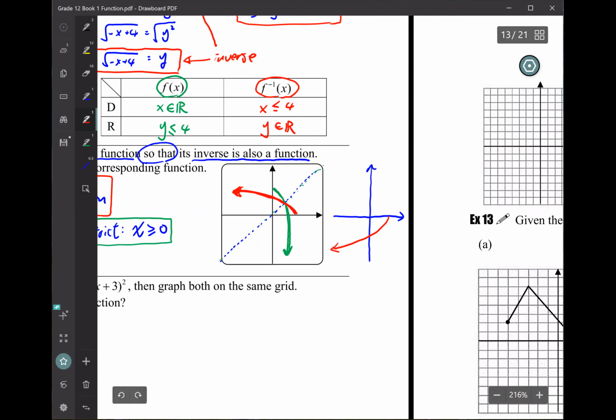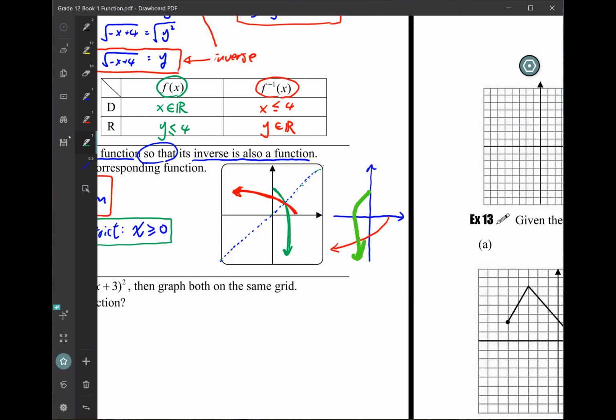Okay, Donna, how do you draw the inverse then? Can you draw it on this? Yeah, use your mouse to draw it on the screen. Yeah, very good. Okay, so what would you say the domain is? What domain?